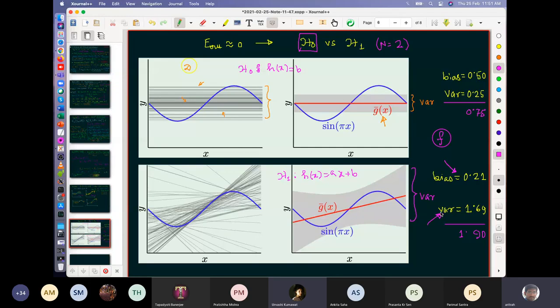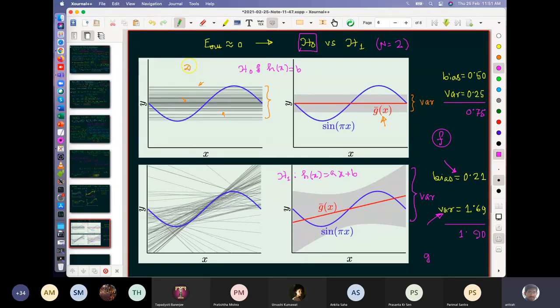So the bias is the average distance. Among the data sets that are given to you, you took all the lines and you took the mean of these lines, that is g bar x.